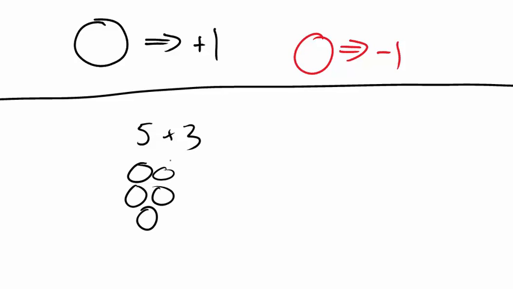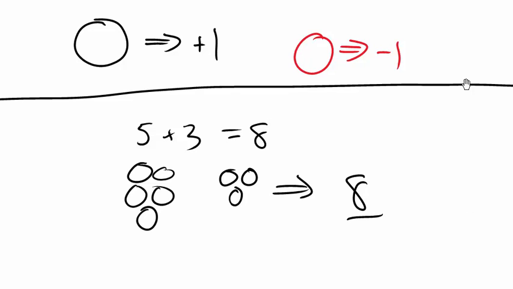So what would happen if I had 5 plus 3? Well, I've already got 5 chips, and I add 3 more, so there's 1, 2, 3 more chips. Altogether, I can see I have a total of 5, 6, 7, 8. Total of 8 chips, so 5 plus 3 must equal 8.